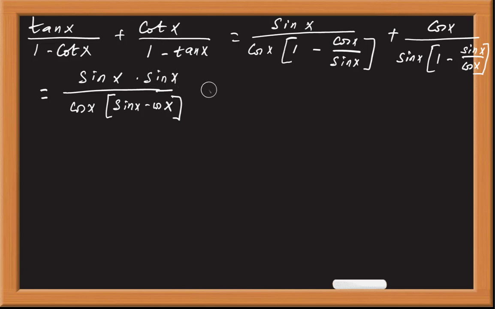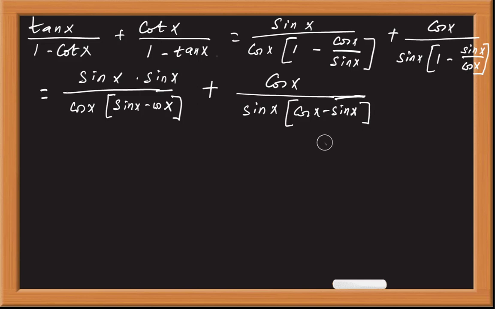We get the second one here, and it will be cosine x over sine x multiplying cosine x minus sine x. The same way, this cosine x on the denominator goes to the numerator, so it becomes cosine x times cosine x on the numerator, and we continue.